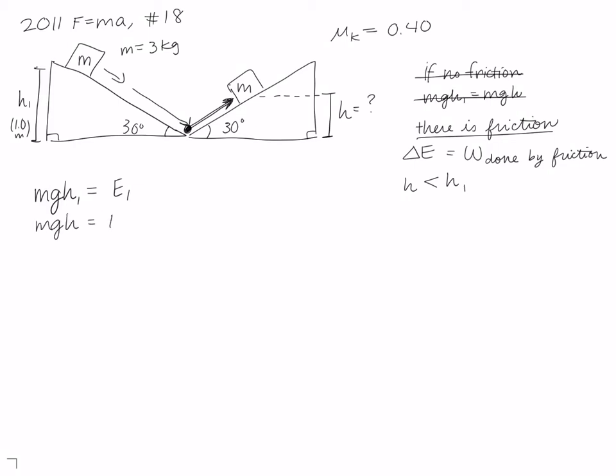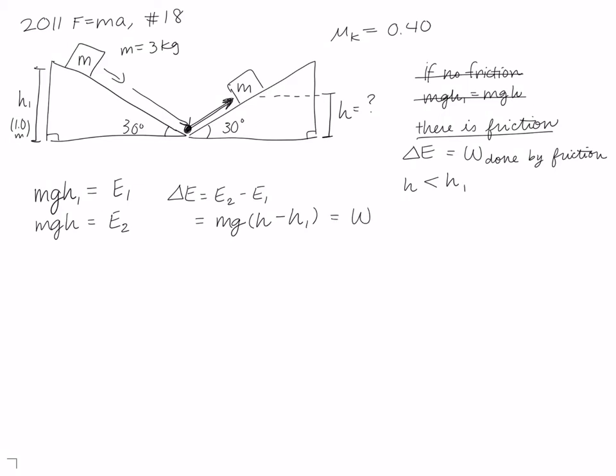So we have that mgh is equal to E2. So our change in energy will just be E2 minus E1, which we know to be a negative number, and it's just mg(h minus h1).